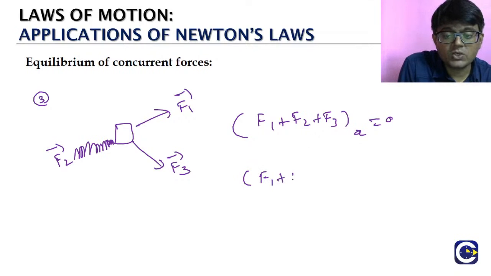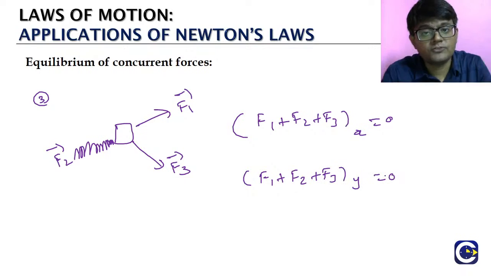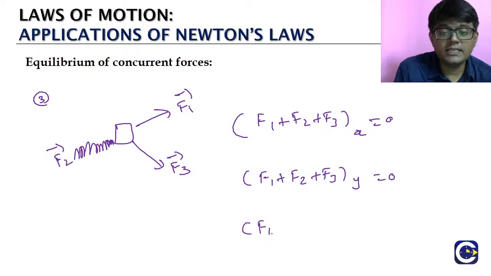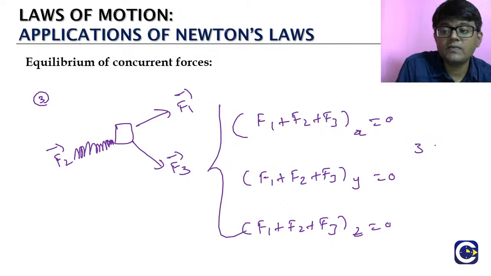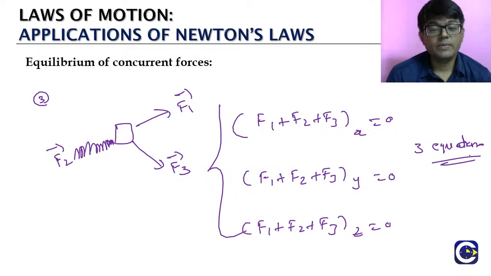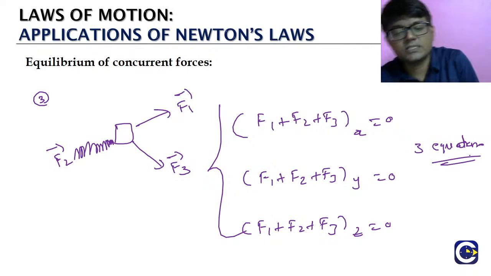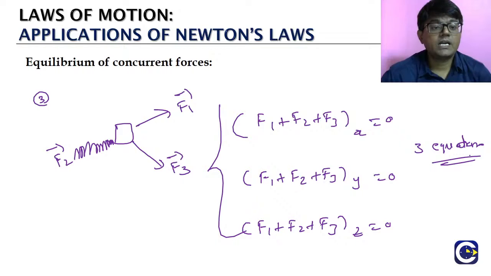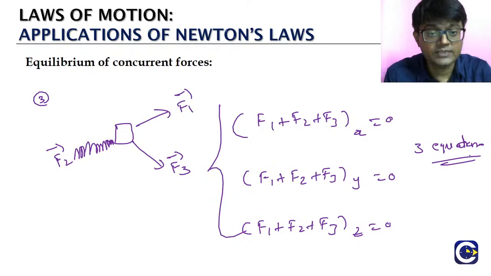Similarly, the total y component of all the forces will be 0. Similarly, the total z component of all the forces will be 0. So from here we will get 3 equations. Okay, so this is the way in which we will proceed with the problems for the balanced condition of forces, or the case of equilibrium of concurrent forces.